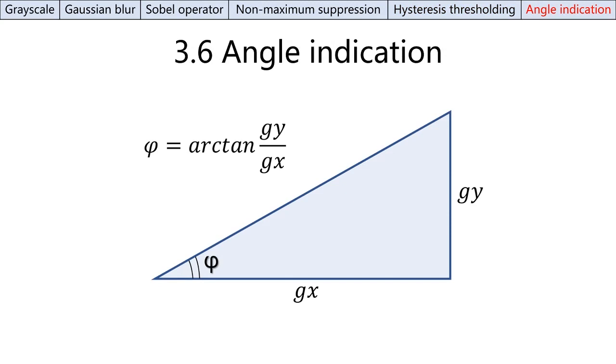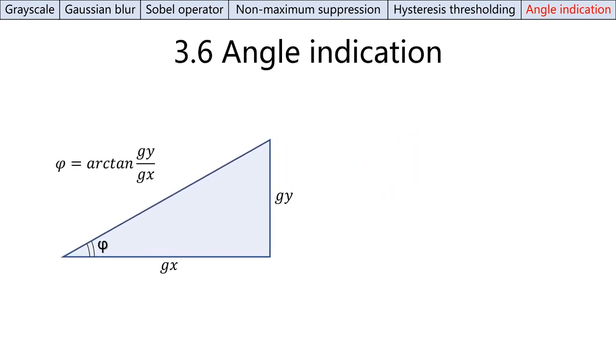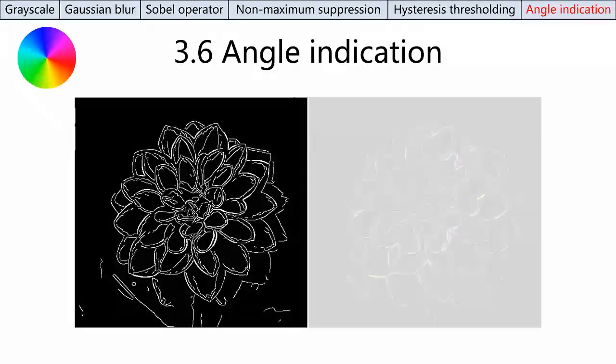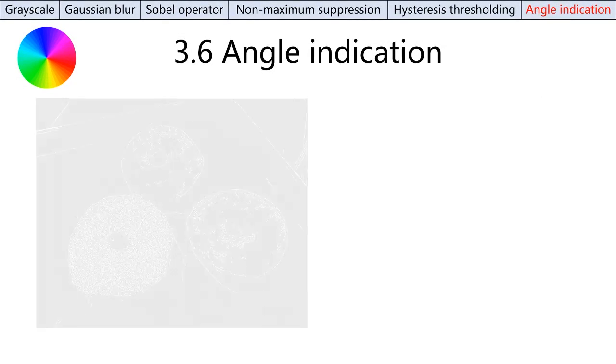Remember, when we wanted to thin the edges, we calculated the directions which the edges are facing by arctangent Gy divided by Gx. Take the result of that and map it to the coloring. Then the whole work is done. It's quite easy, but looks interesting in a way.